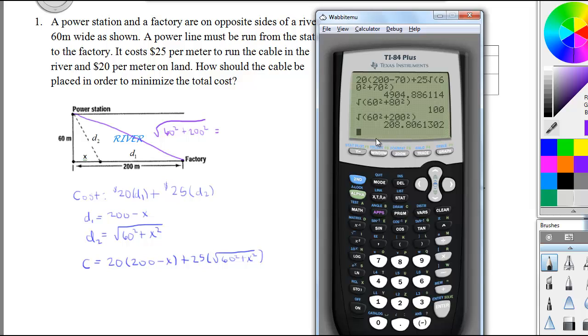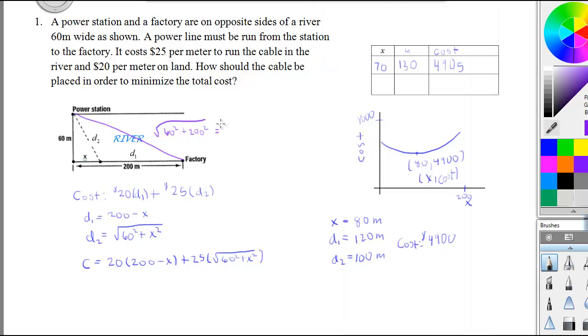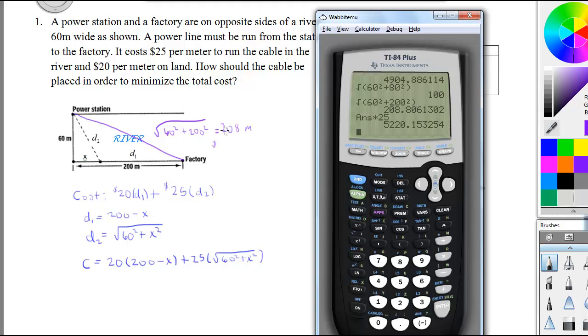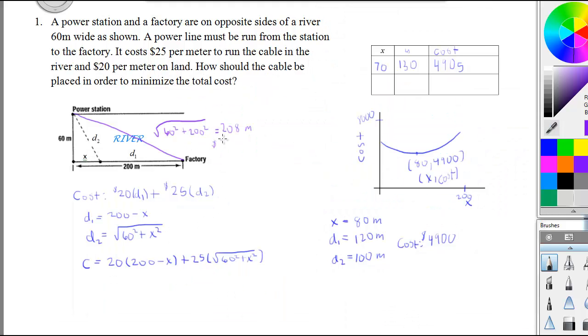And then if that all costs us $25 per meter, then if you just went straight from the factory to the power station, the total cost would be $5,220 roughly.